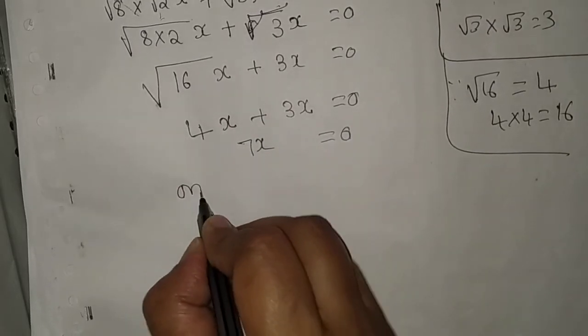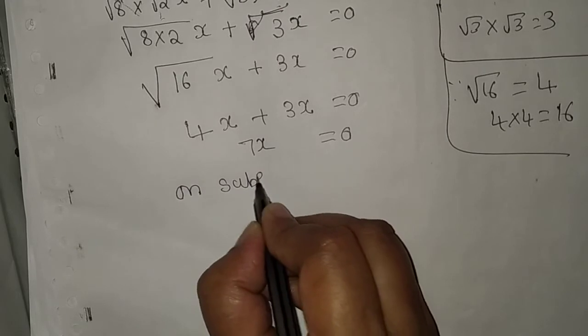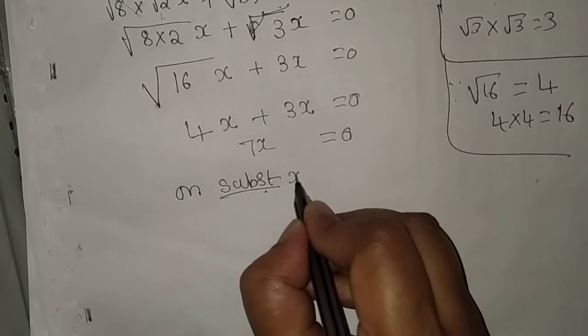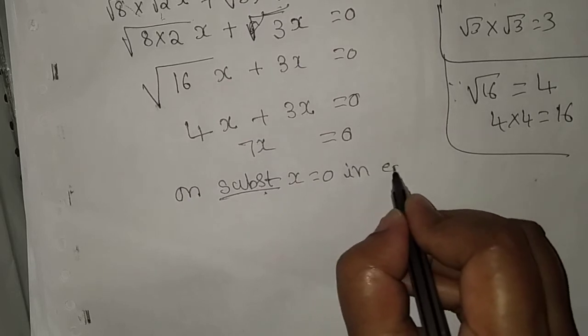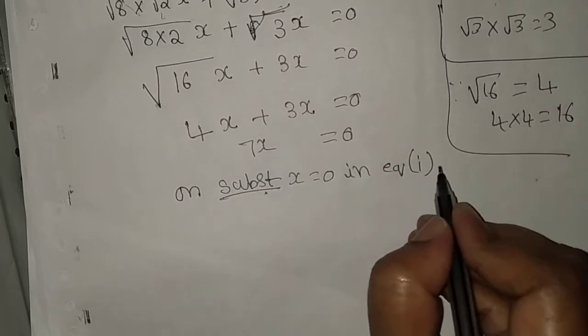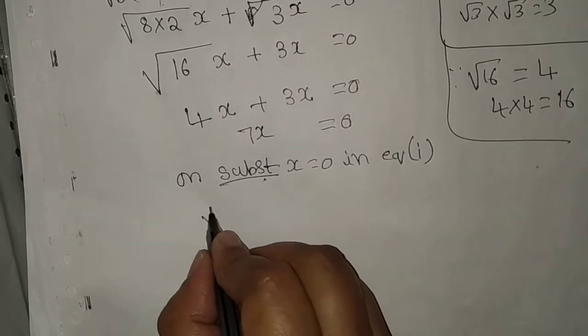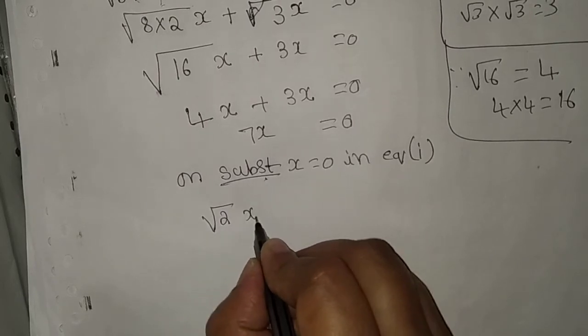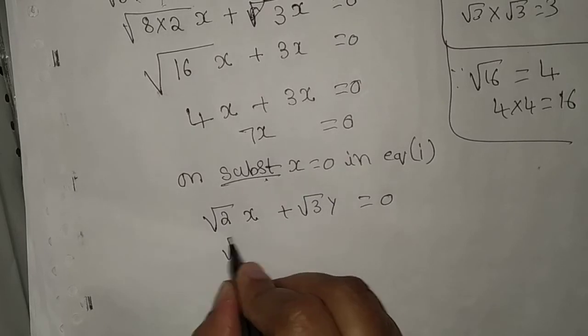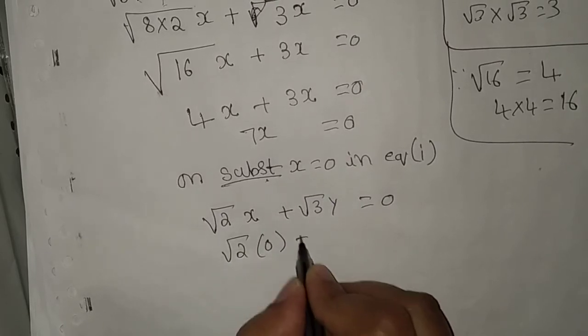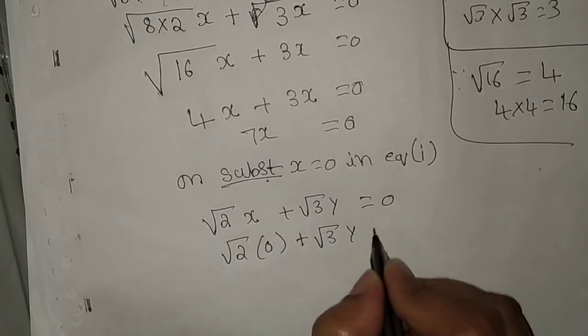So on substituting x is equal to 0 in equation 1, root 2x plus root 3y is equal to 0. So root 2 into 0 plus root 3y is equal to 0.